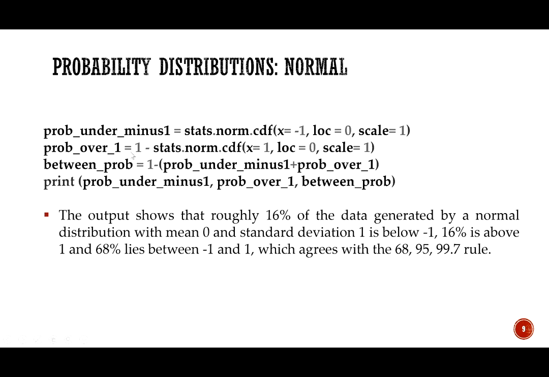So this probability is equal to 1 minus CDF at x equal to 1. Now, if we want to find the probability between these two, we add up the probability under -1 and over 1, and then we subtract this from 1, which returns the probability between -1 and 1. And then we print the output for these three variables.